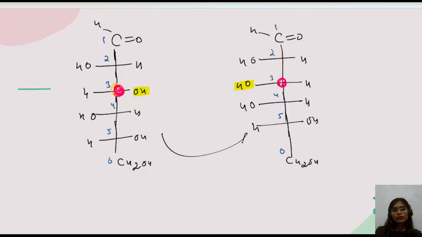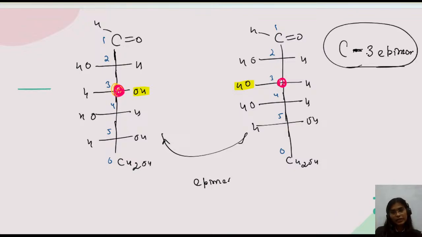Both are examples of epimers. This is known as a C3 epimer. It means the epimer at the third carbon. Okay, this is all for the epimer.